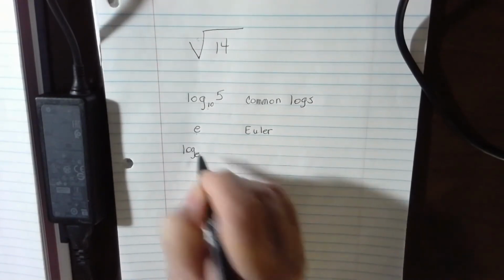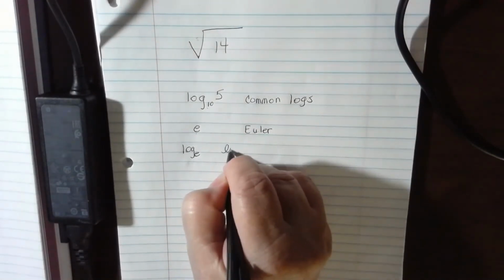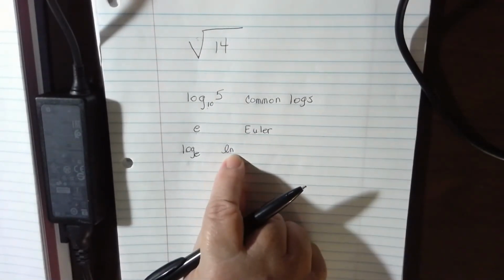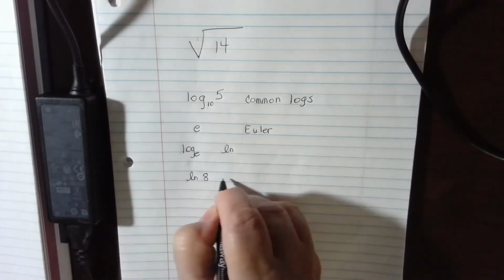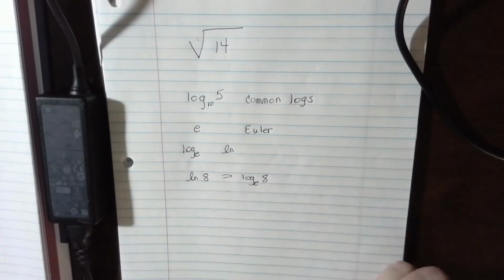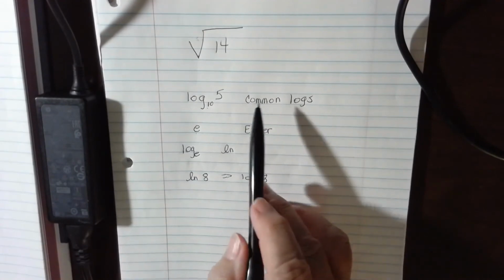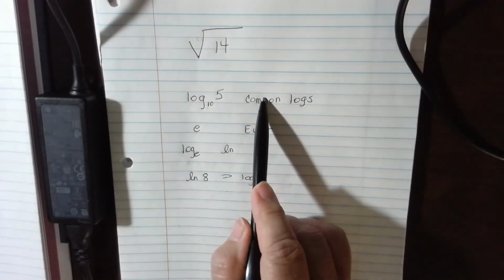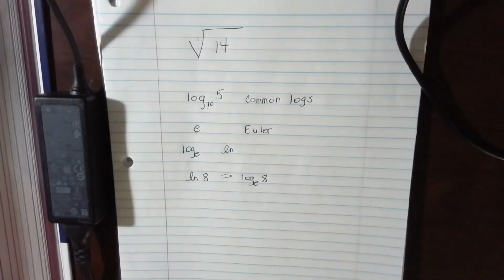It's used so much that instead of log base e, they write ln for natural logarithm. So if you see ln 8, it means log base e of 8. So this is called natural logarithms. This is called common logarithms. And you have to use those two pieces of information to do some of the problems.